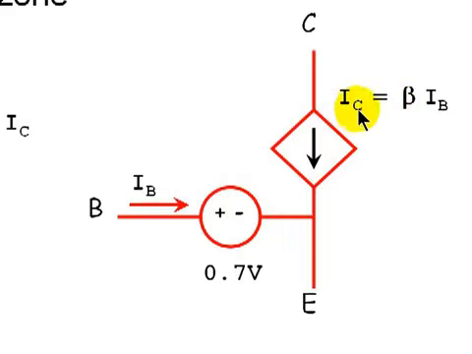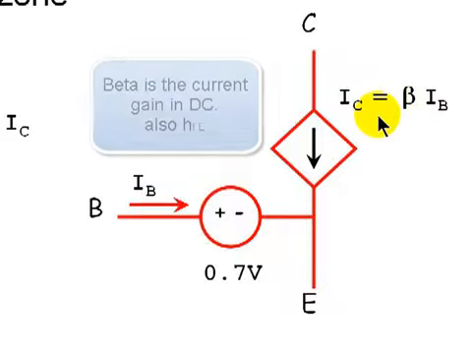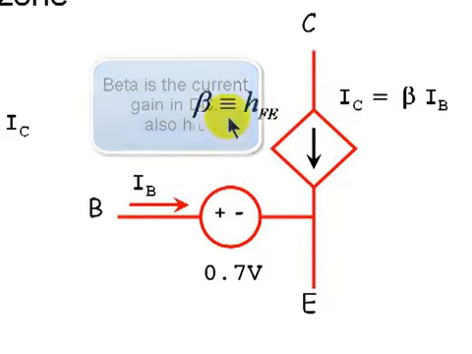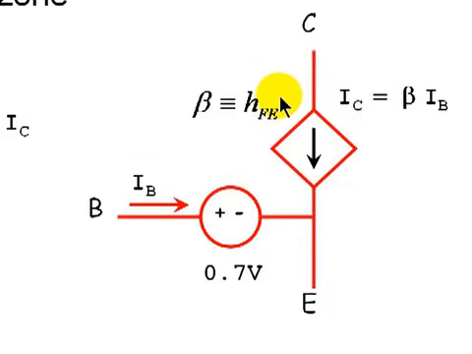The collector current is beta times IB. Beta is the current gain, which appears sometimes in manufacturers' data sheets as HFE with uppercase F and uppercase E. If you find it with lowercase f and lowercase e, it means something else.